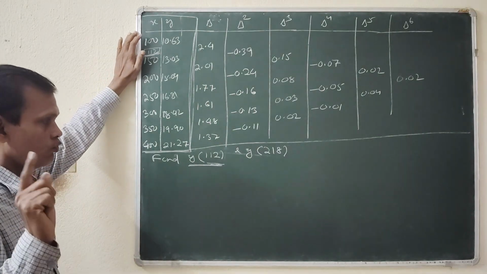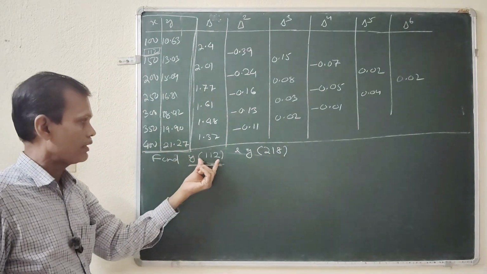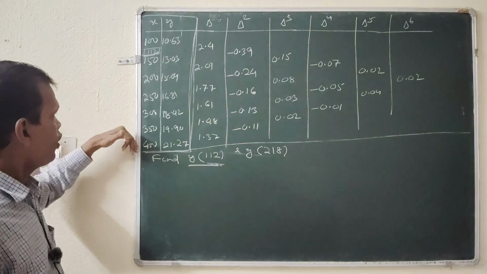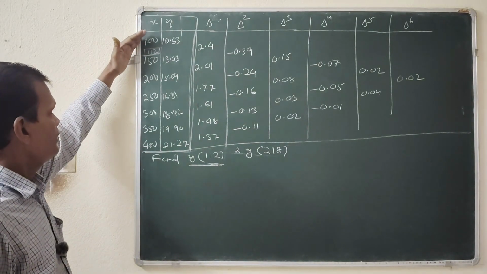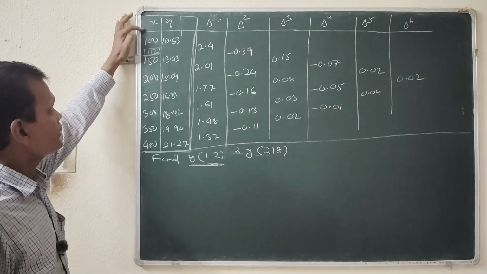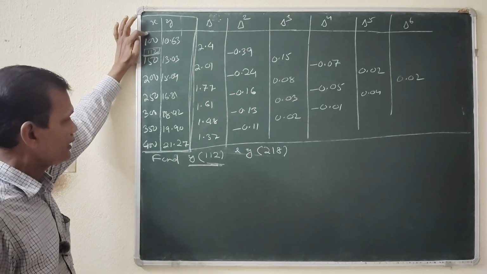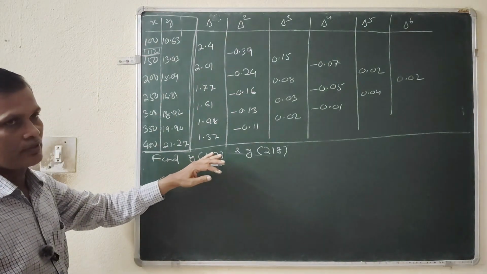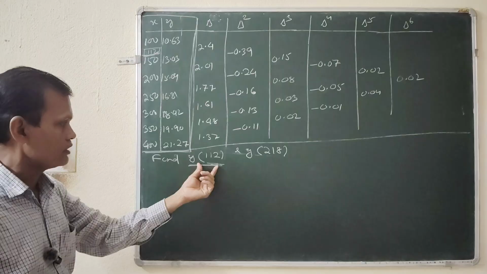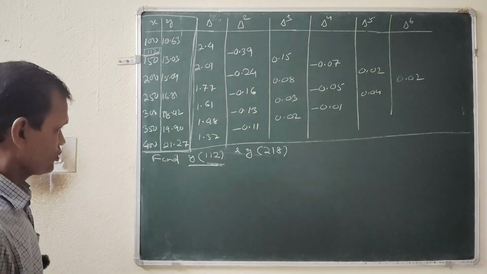Again, I am repeating, when the desired point is lying in the upper part of the data, whether within the data or outside, we can apply Newton's forward difference interpolation formula. So for this case, we will apply Newton's forward difference interpolation formula.